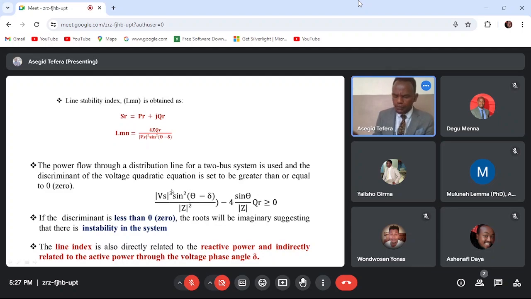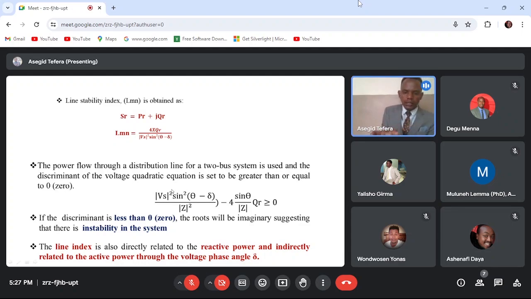That means in a quadratic equation we know b square, and the root is minus b plus or minus the square root of b square minus 4ac.